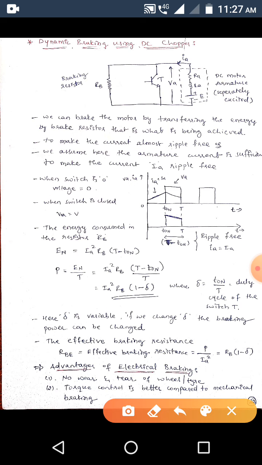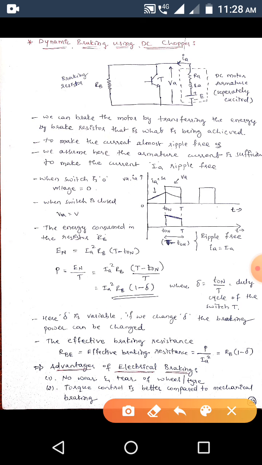To make the current almost ripple free, we need to send sufficient current into the winding here, because this is the regenerative current being sent into the circuit. We can assume that the armature current Ia flowing here is sufficient to make the current ripple free.